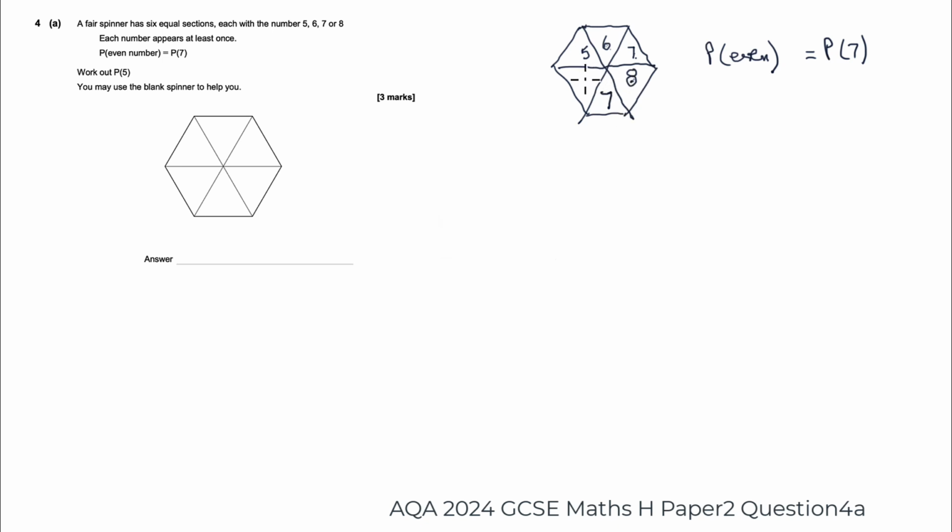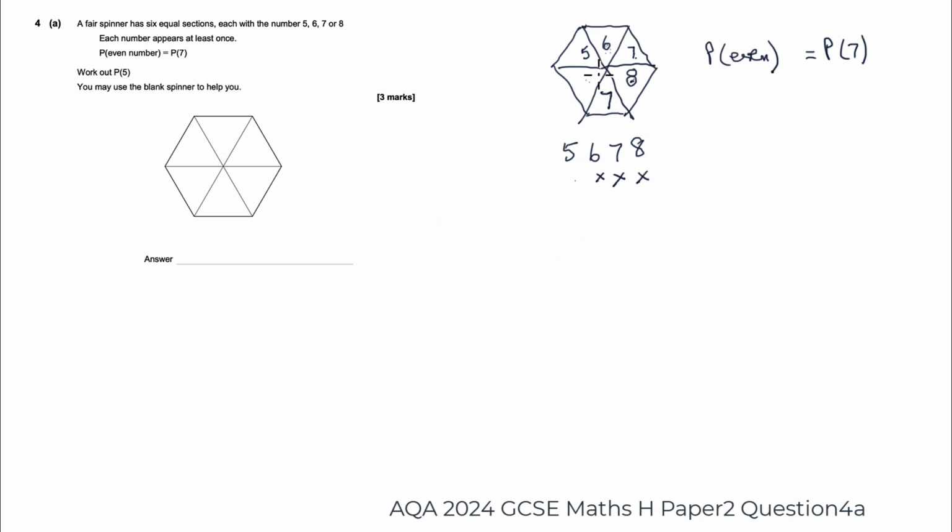We certainly can't put another even number in there, otherwise we'd get the probability of an even number being 3 sixths, whereas the probability of a 7 would be only 2 sixths. And remember, we only have the numbers 5, 6, 7 and 8 to choose from. So we said we can't have a 7 and we can't have another even number.